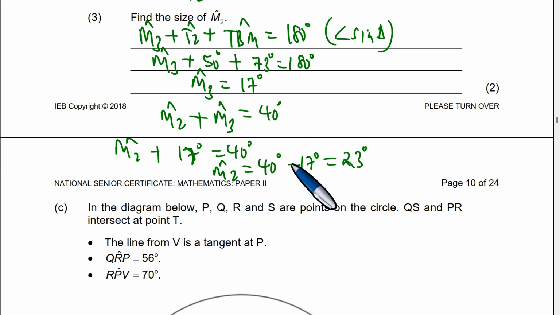So angle M2 is 23 degrees. Okay, so we continue.